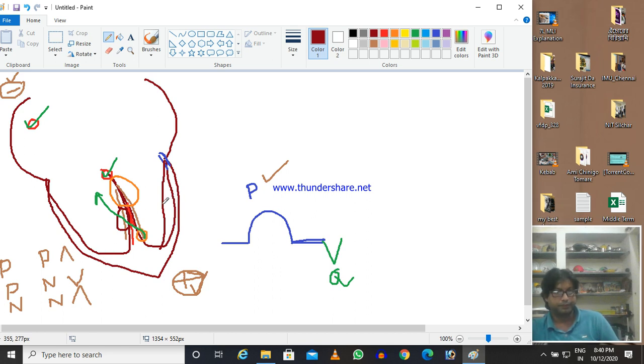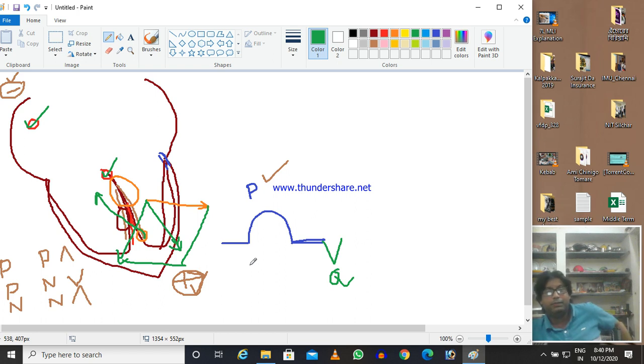As I told, this is thicker, so the vector of the depolarization wave is in this direction, and this magnitude, as it is thinner, will be slightly lesser, like this. Now if you take the resultant of these two, it should be like this.